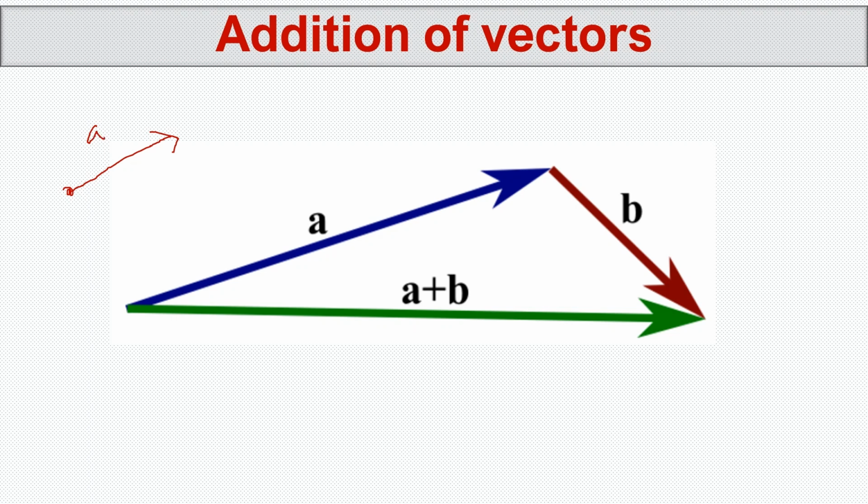Then at the end point we start the other vector, b. Then a plus b is found by joining the starting point and the final ending point. This is a plus b. This comes from mathematical proof and concept. This is how we do vector addition.